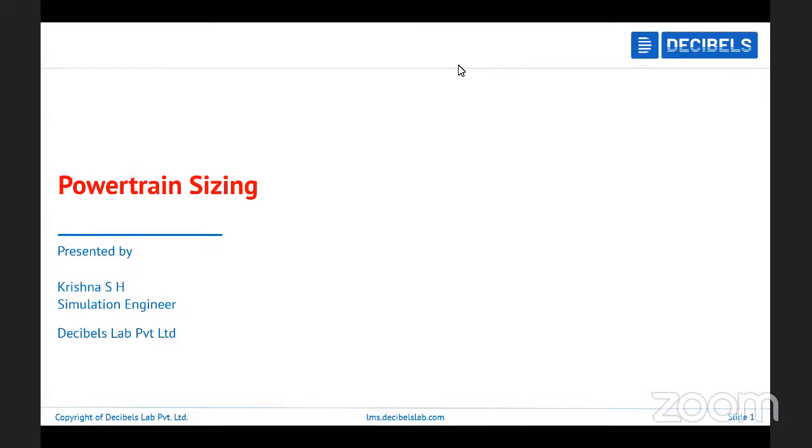We should know how to size the components. Powertrain sizing is nothing but a source plus your drivetrain system, where the drivetrain involves the wheels, transmission systems, all that.